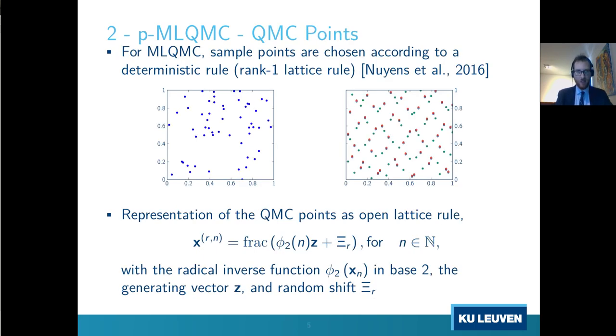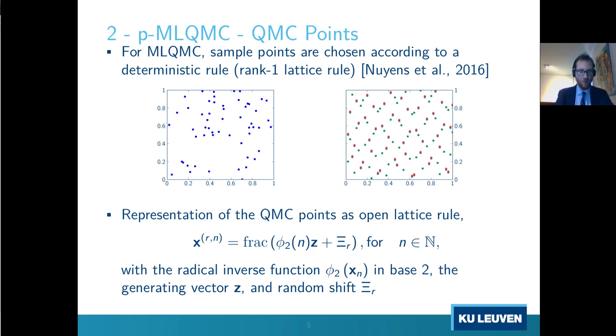These are these QMC points. You will use rank 1 lattice rules as specified in the work of Nuyens et al. On the left side of the figure, it's a unit square 0 and 1, 0, 1 with Monte Carlo points, so at random in space. While on the right side it's Quasi-Monte Carlo points. You see it's space filling.